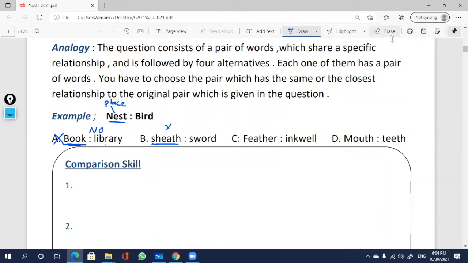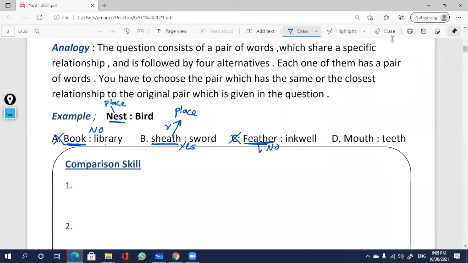So it is the place. So here we have yes. How about the next one? Feather, inkwell. Is the feather a place for an inkwell? Also no. So we'll eliminate this one.